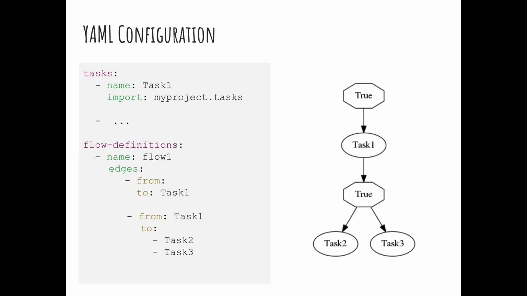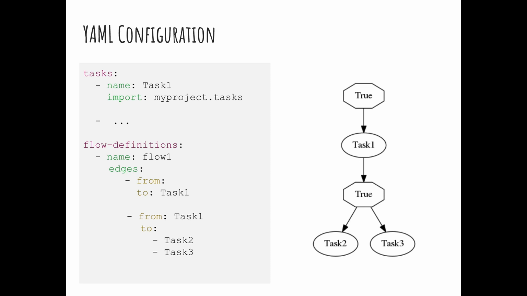If you register all your tasks under the tasks section, then you provide the flow definitions section where you state basically the flow of tasks. So in this case, we created a flow that is named flow 1, and you provide edges that are basically transitions between these tasks. In our case, we created 2 edges.